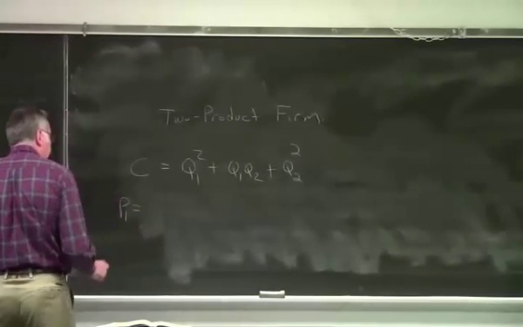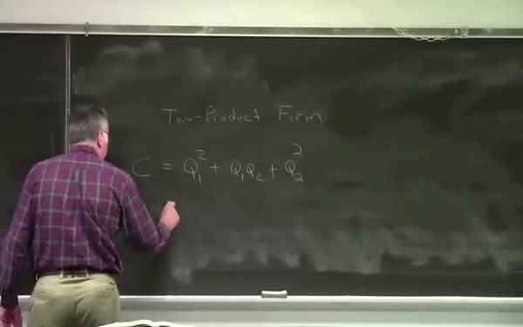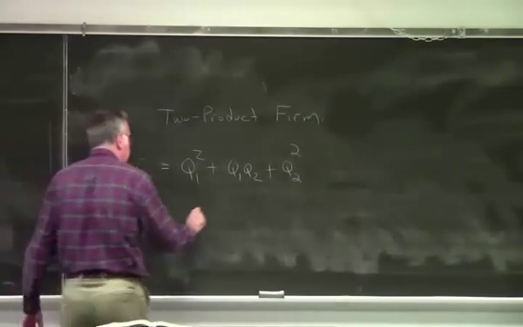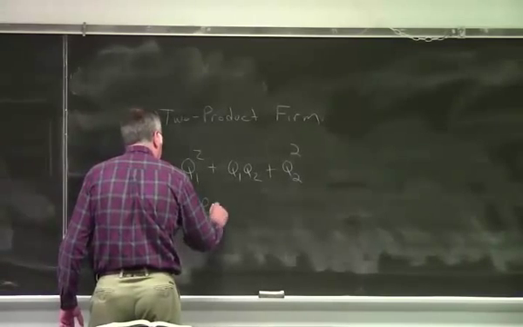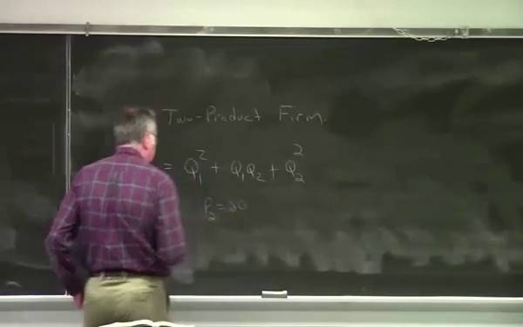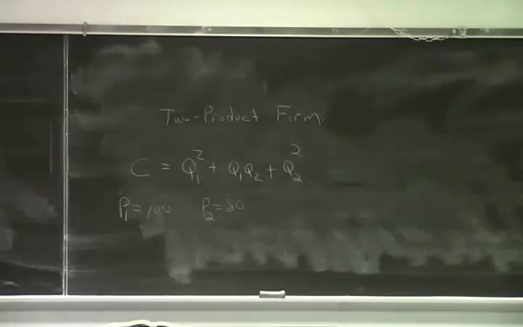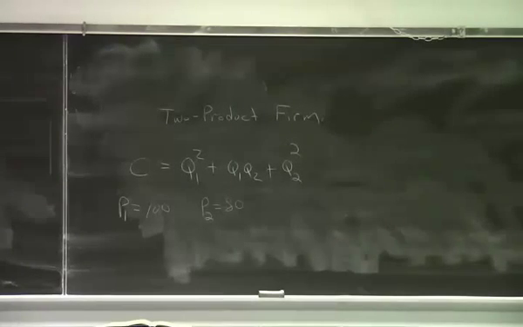The price of product 2 is $80 per unit, and it can sell as many units of product 2 as it likes at $80 per unit. Now the question is, how much of product 1 and product 2 should this firm produce?